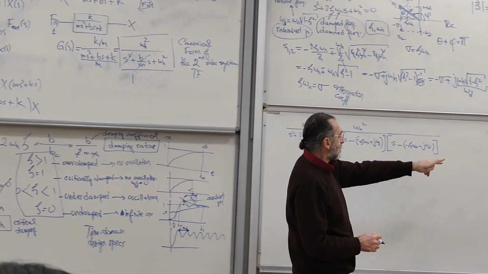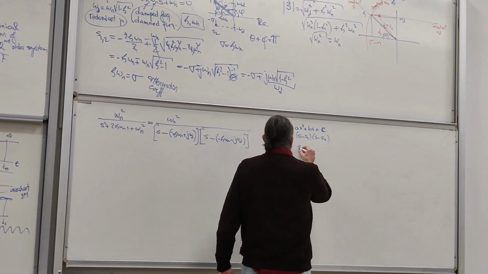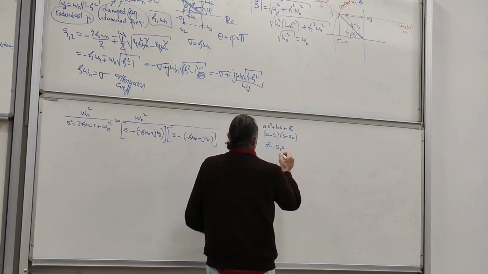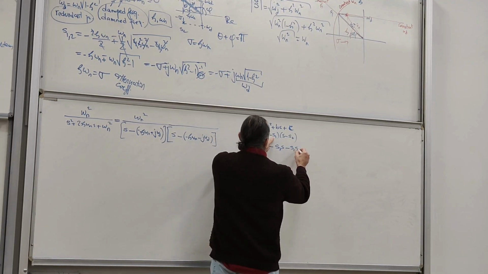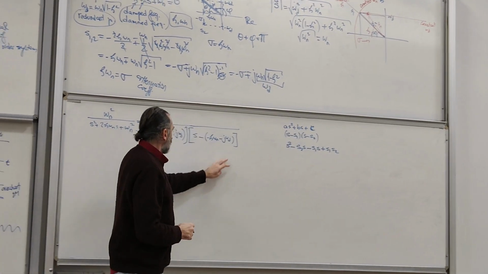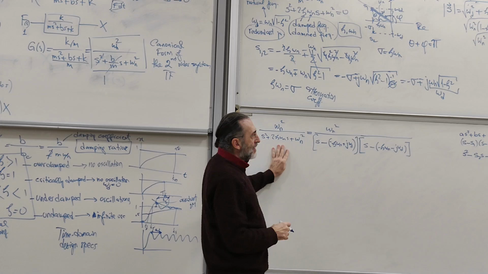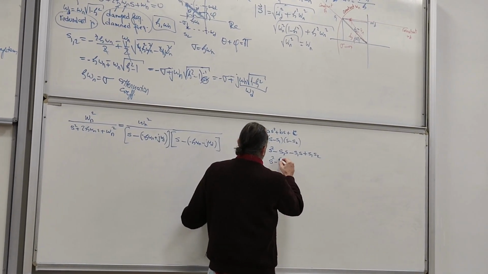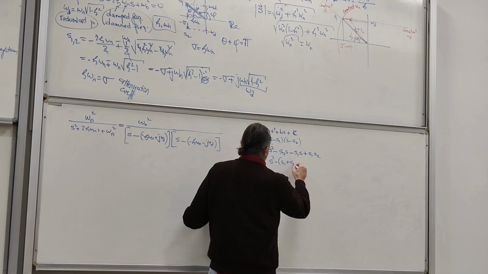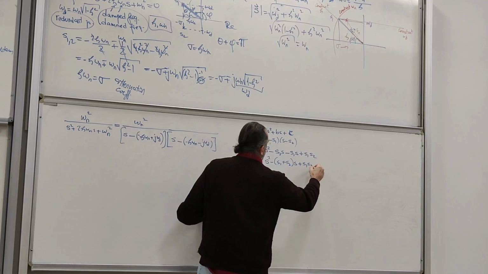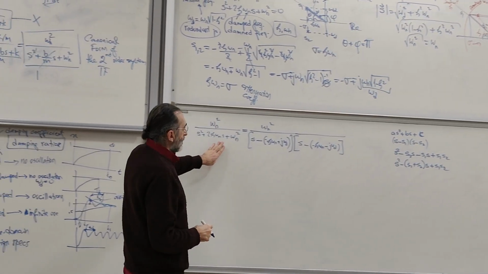Now, if you see here, s squared minus s2 s minus s1 s plus s1 s2 is also equal to that. So if I collect the s's, s squared minus s1 plus s2, s plus s1 s2, that also is equal to that.